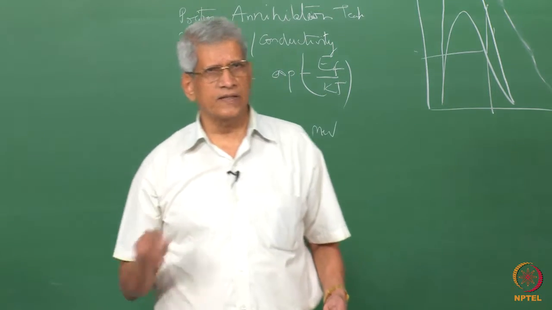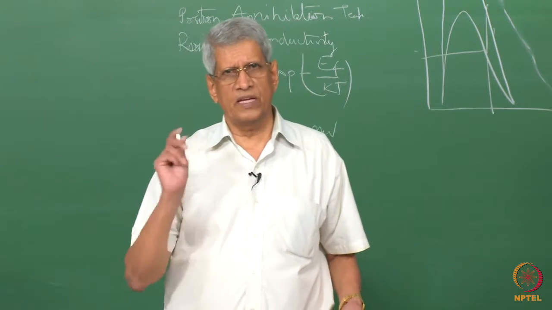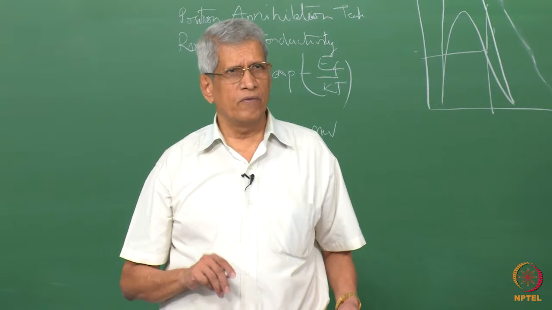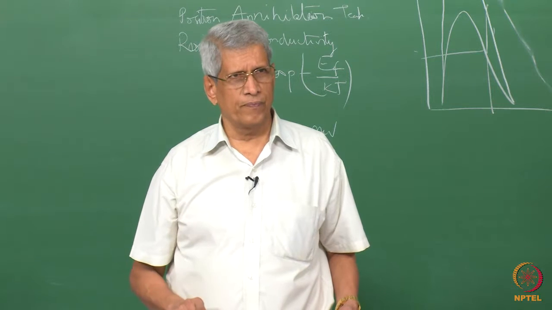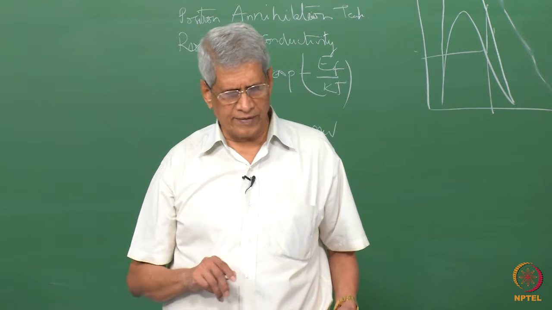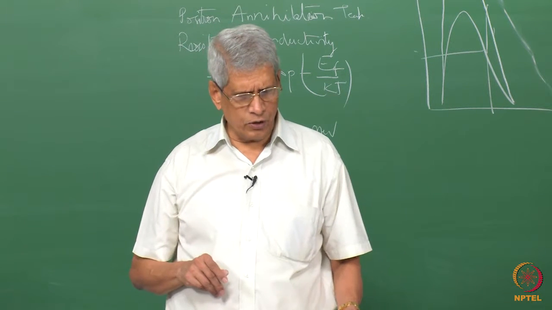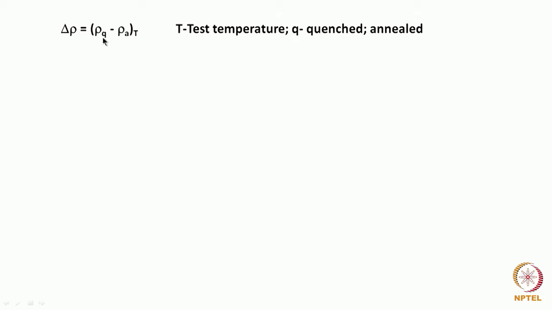Let us take a sample which is a very well annealed sample, where we assume that the concentration of vacancies is very small. You measure the resistivity, that is denoted by rho Q, at a low temperature.